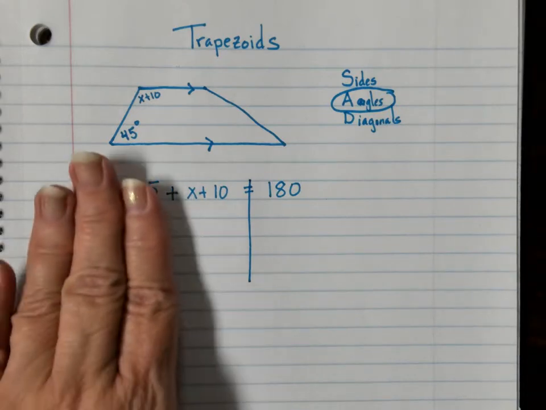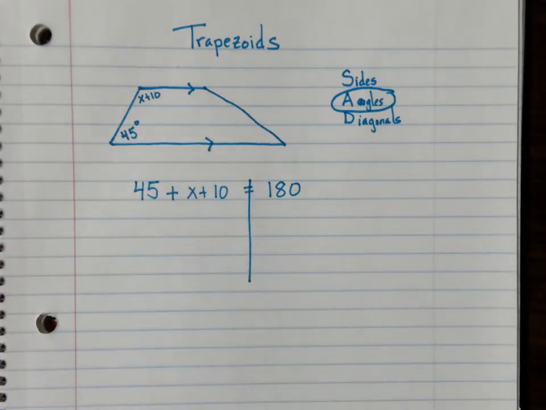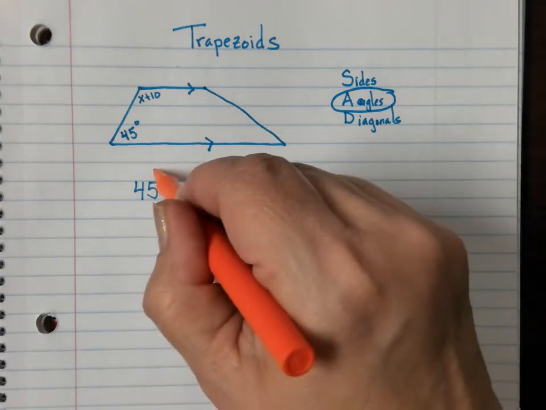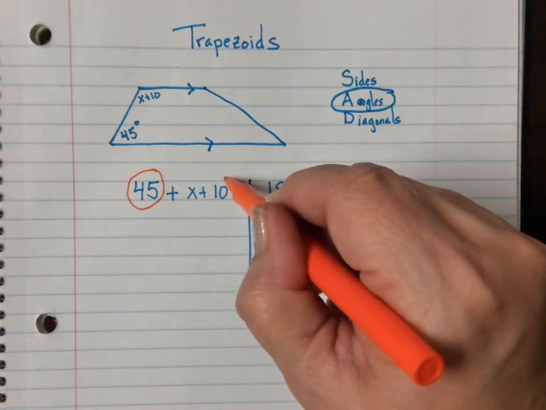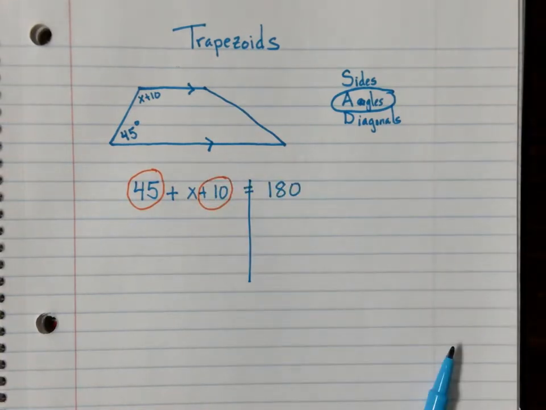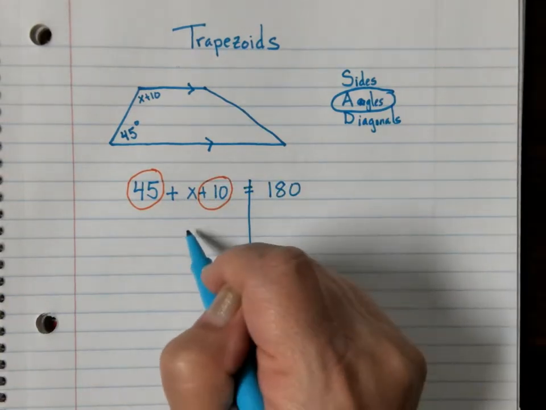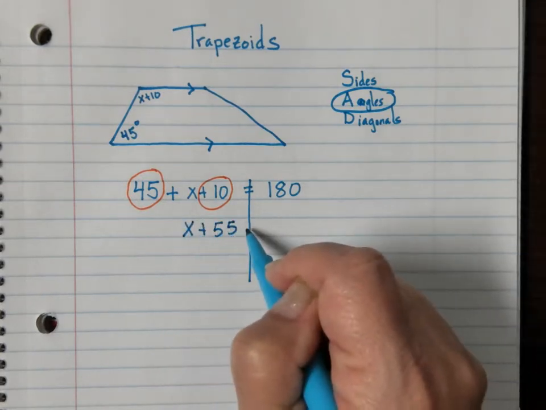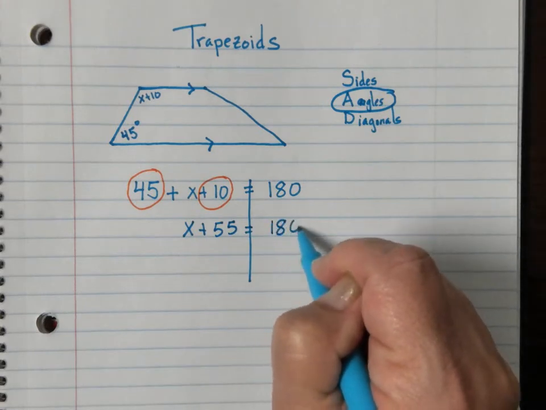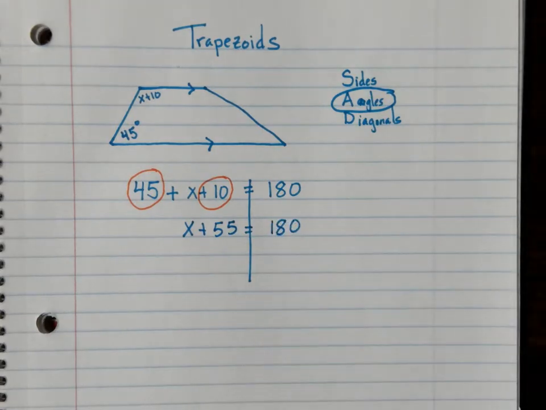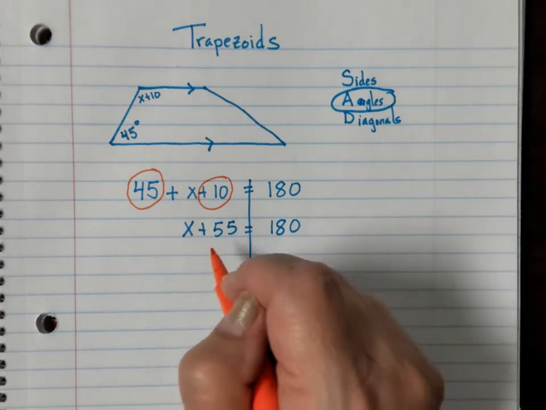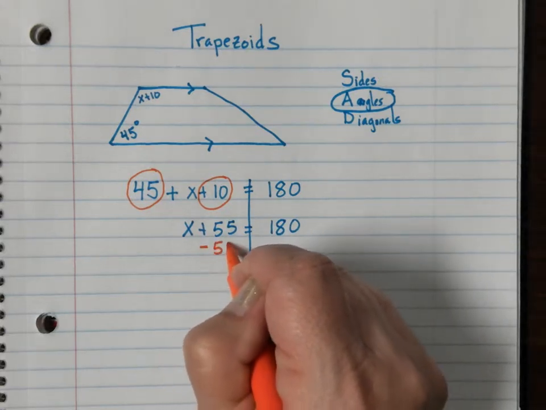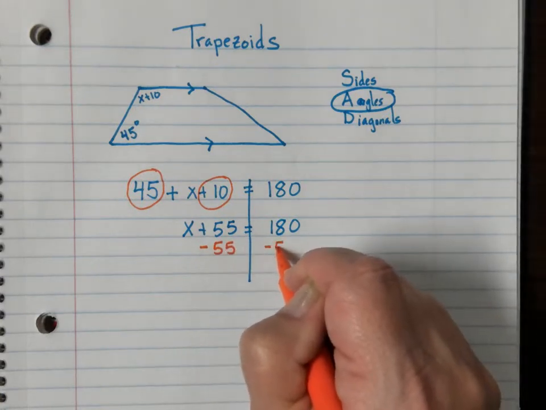So we want to take everything that's on the left side and we want to combine our like terms, right? So the 45 and the 10, they're going to add together. And so we're going to have x plus 55 equals 180, right? And then we're going to subtract 55 from both sides.